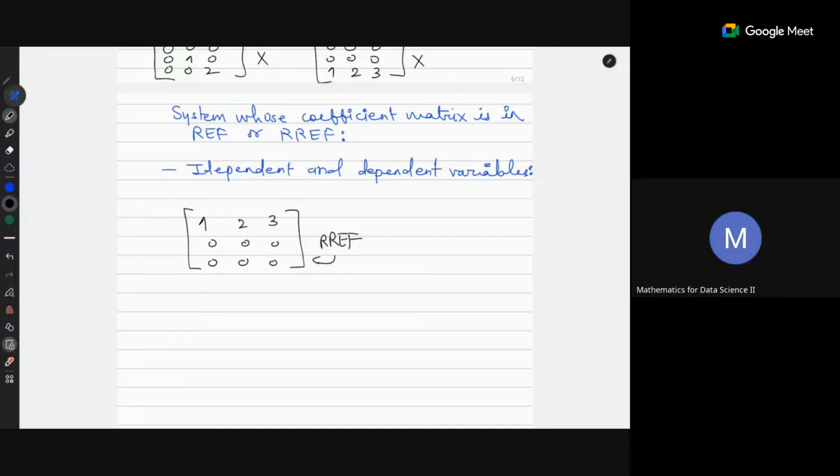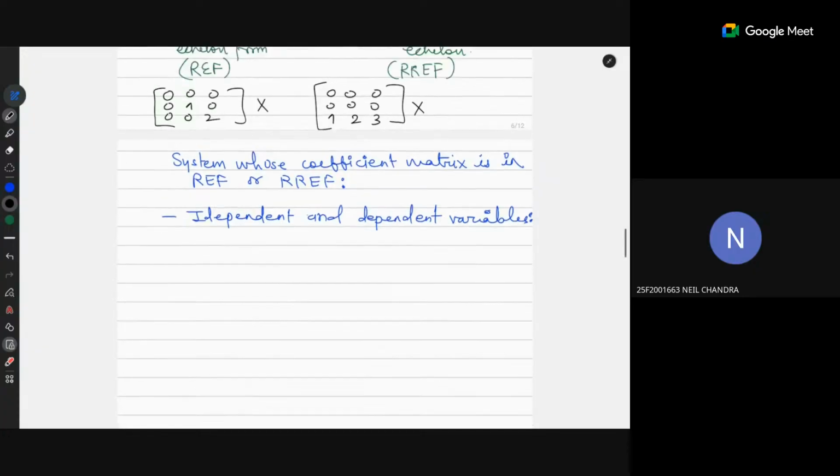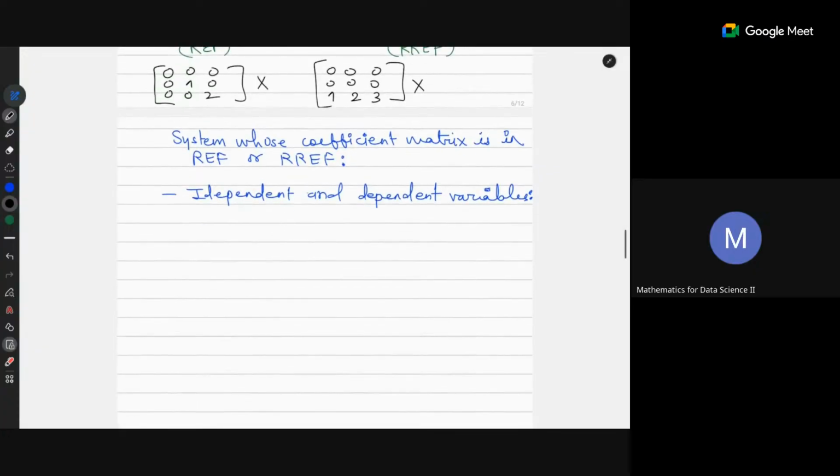Sir, the rows after the first row do not have any one. The first leading element in the first row is 1, and all other rows are 0. So how is it REF at all? Why is it not in RREF? What condition does it violate? You tell me. It violates the condition that each leading element should be to the right of the column of the leading element of the previous row.